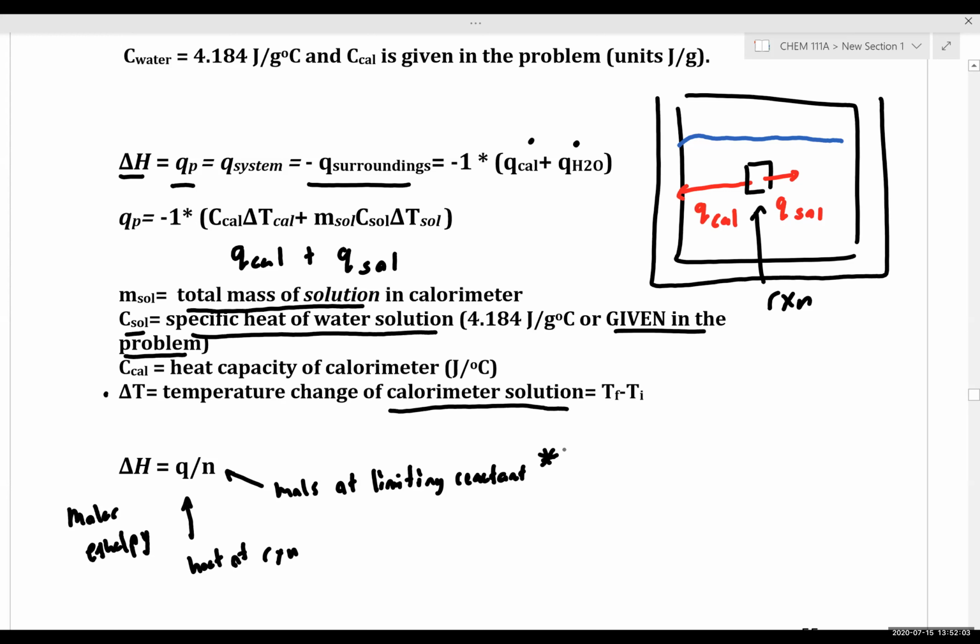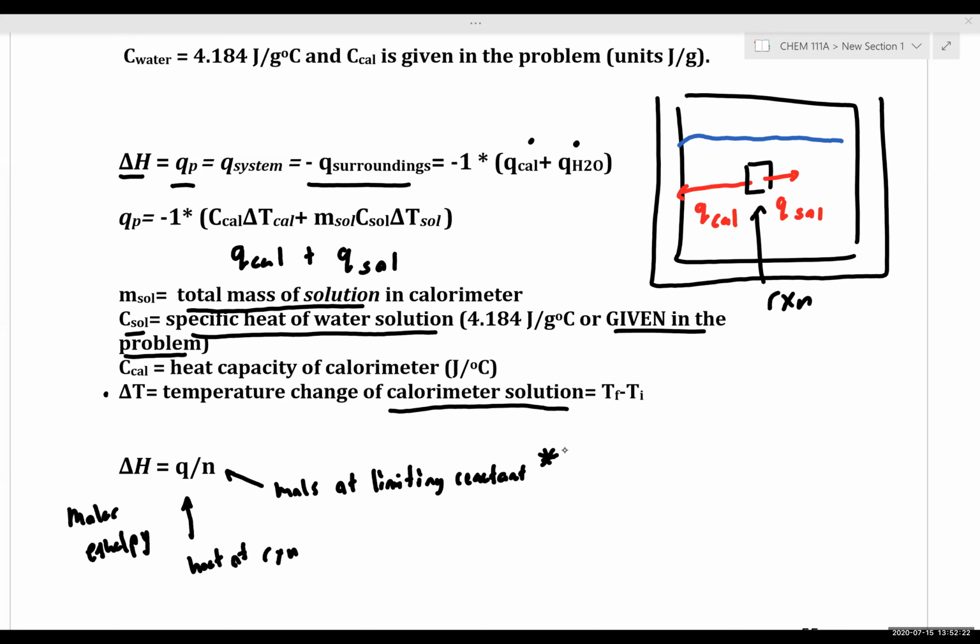Okay, so now that we have this framework in place for visualizing coffee cup calorimetry, recognizing that the calorimeter and reaction solution are both participating in heat exchange. Yes, the solution is not just going to be water.